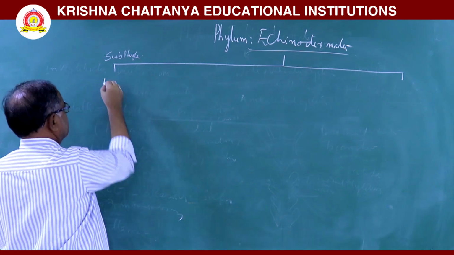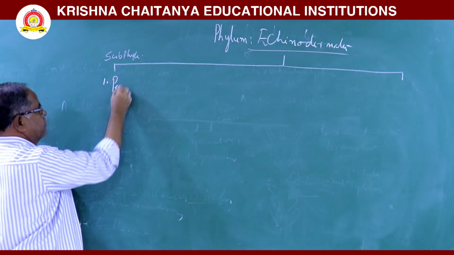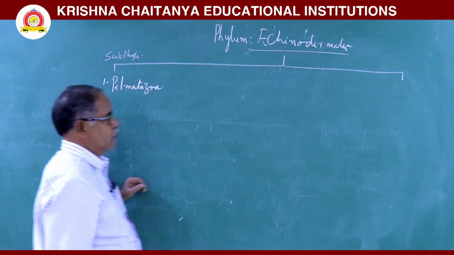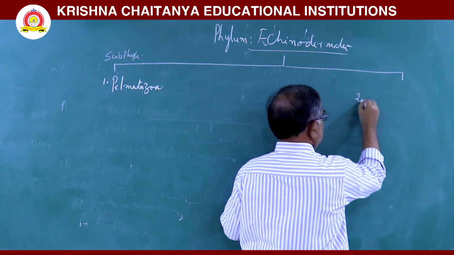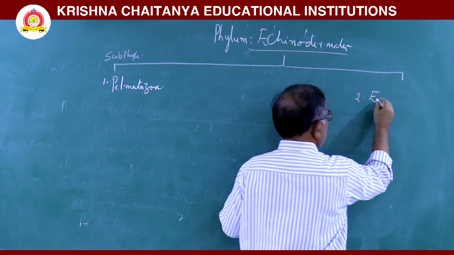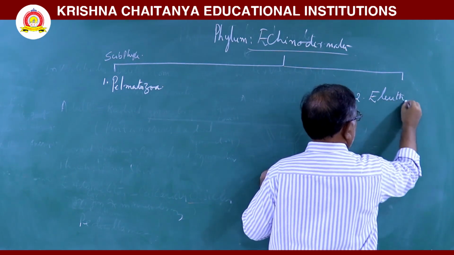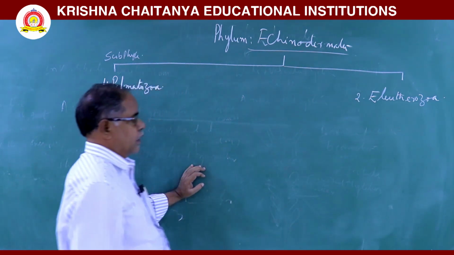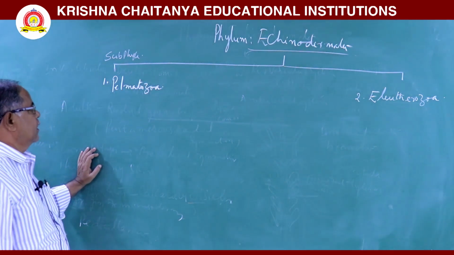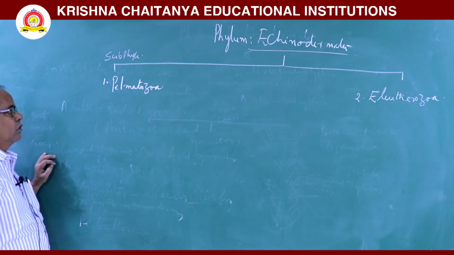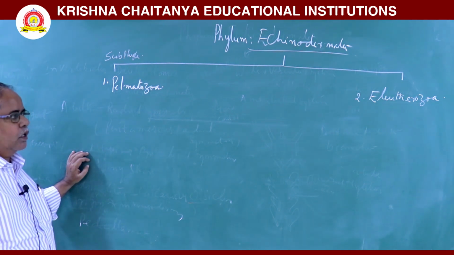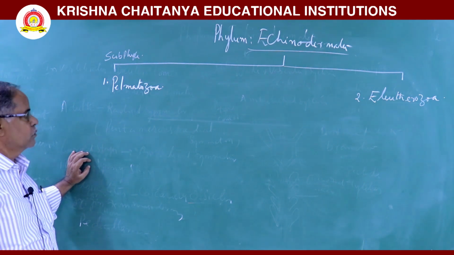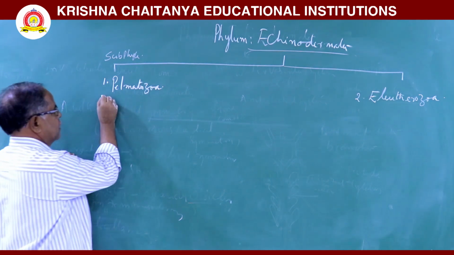One is Pelmatozoa, second one is Eleutherozoa. First, Pelmatozoa.